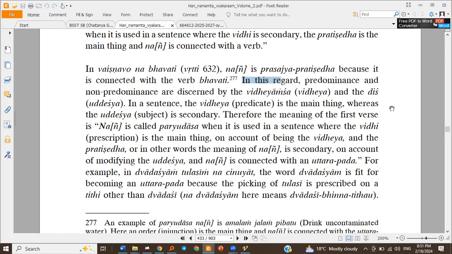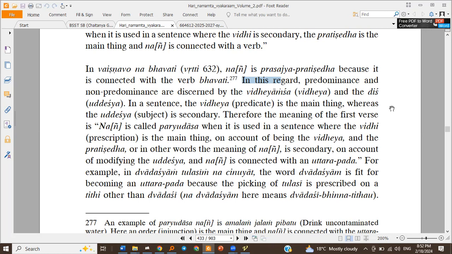Therefore, the meaning of the first verse is: na is called paryudasa when it is used in a sentence where the vidhi, prescription, is the main thing on account of being the vidheya, and the pratishedha, or in other words, the meaning of na, is secondary on account of modifying the uddeshya. The na is connected with an uttarapada.